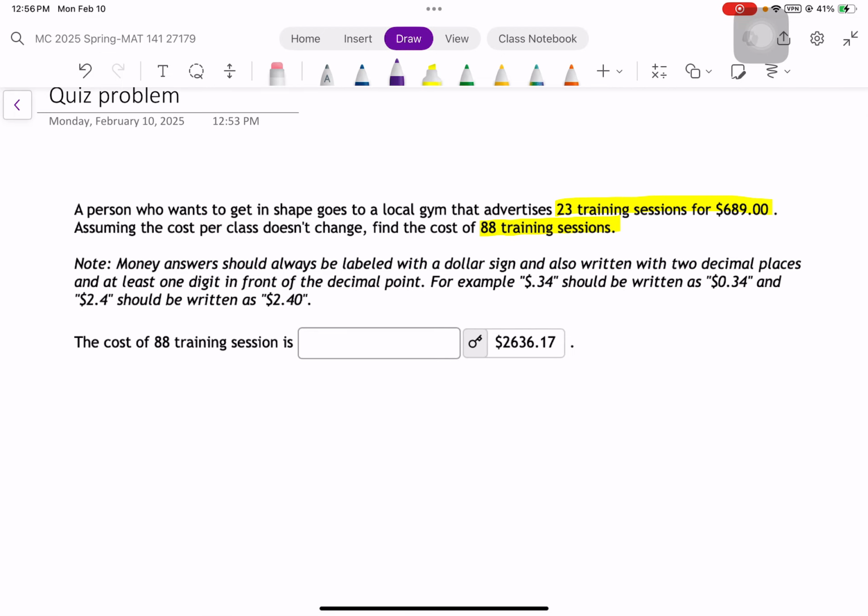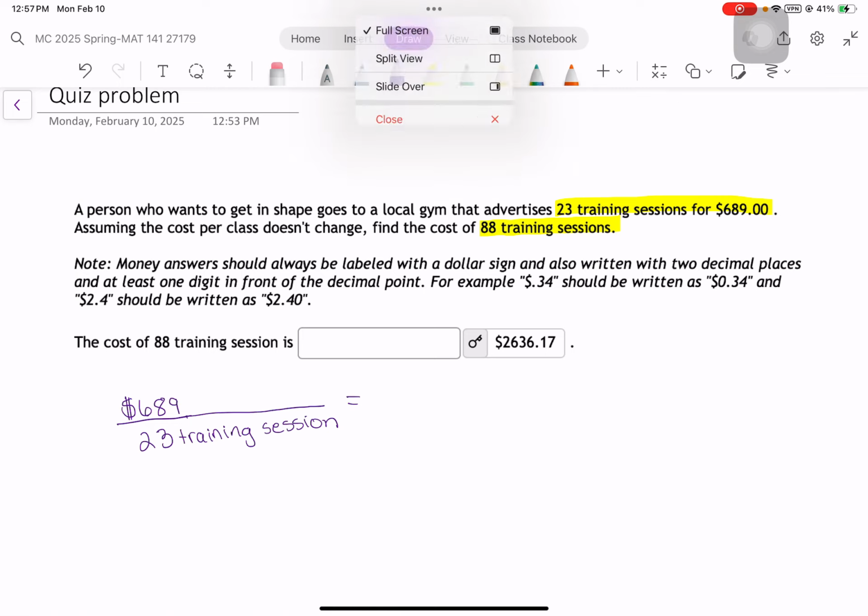So several of you wanted to do 689 divided by 23 training sessions, which is a nice strategy, and that should give you a price per session.